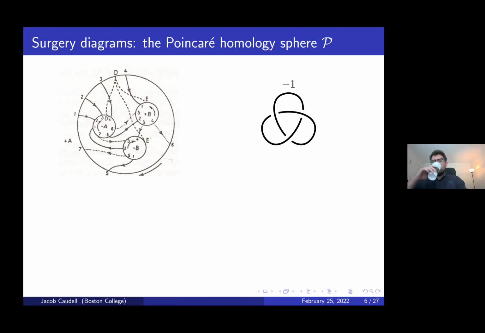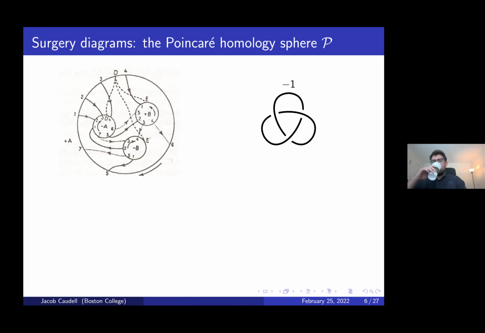So this is giving me some knot in the Poincaré homology sphere, where if I do 7/2 surgery, I get the lens space L(7,6). For experts, the distance between the 1 framing and the 3 framing is 2.